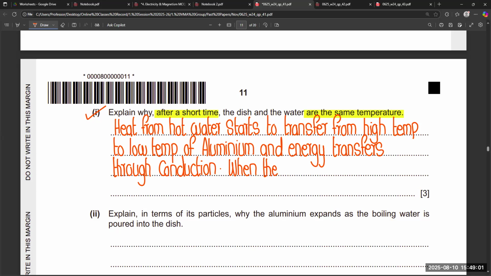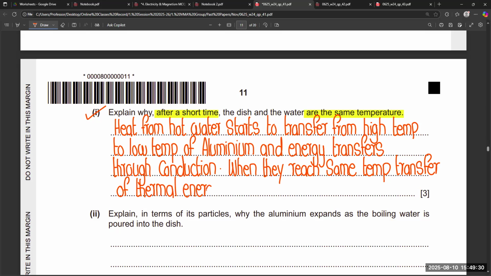When they reach the same temperature, transfer of thermal energy stops.